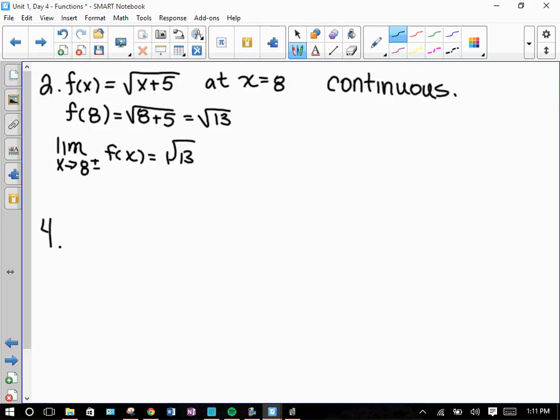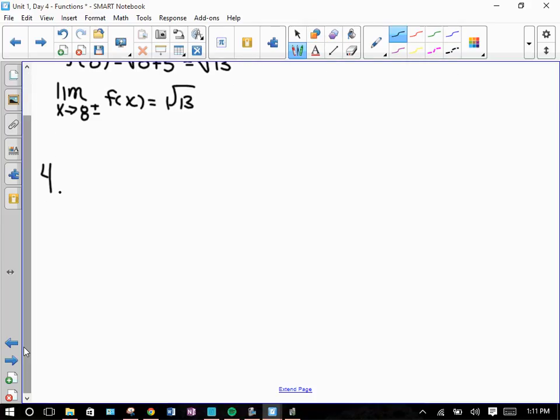Number 4. Okay, so number 4 here, we are looking at the problem. We have h of x is equal to x squared minus 25 divided by x plus 5.